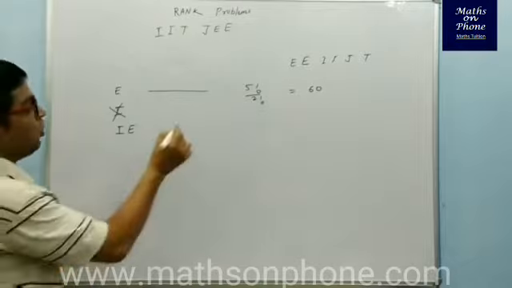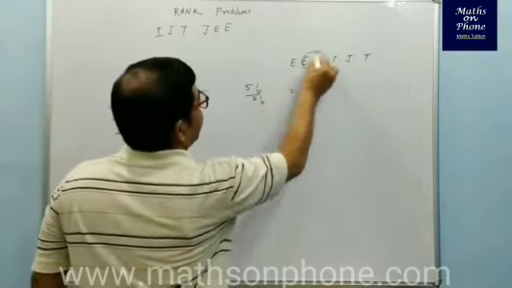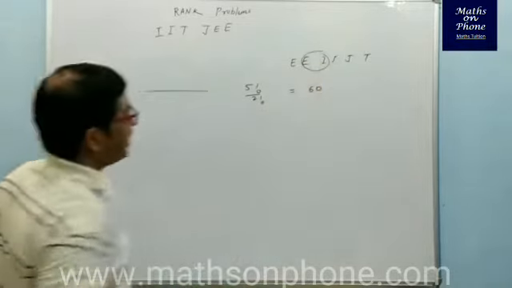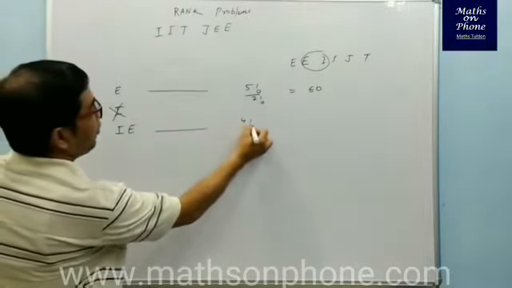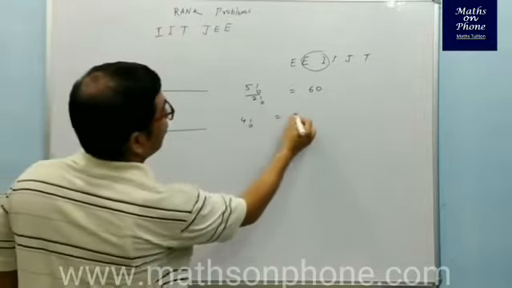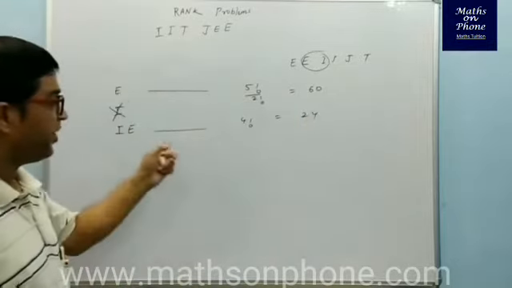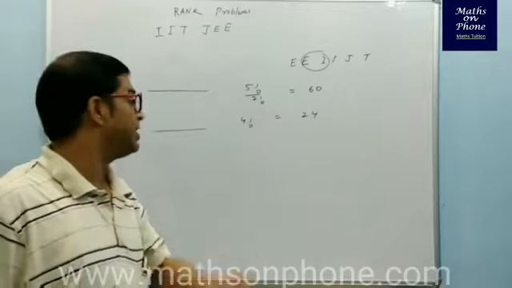So if I am using I, E, the remaining 1, 2, 3, 4 letters are there. That can be arranged in 4 factorial ways, that is 24. You luckily see that no repetition is there in the remaining letters.